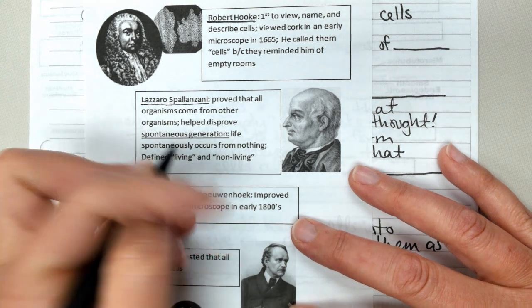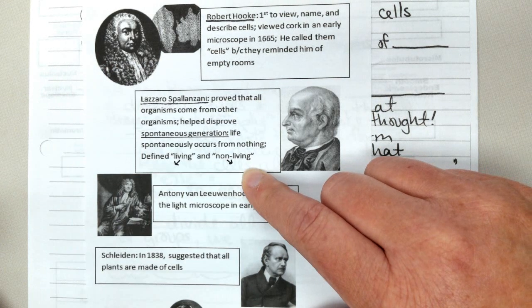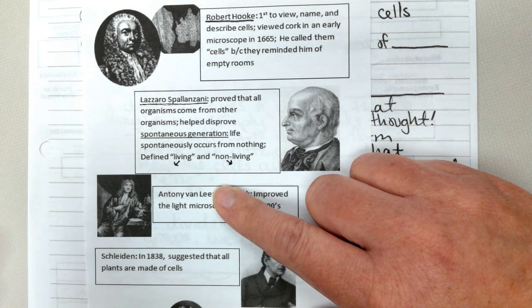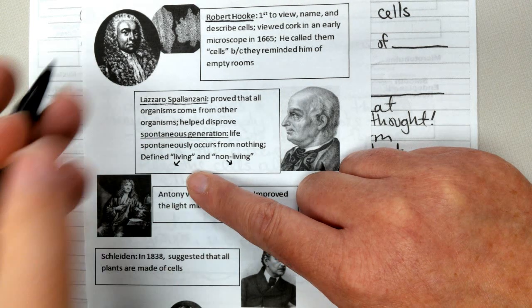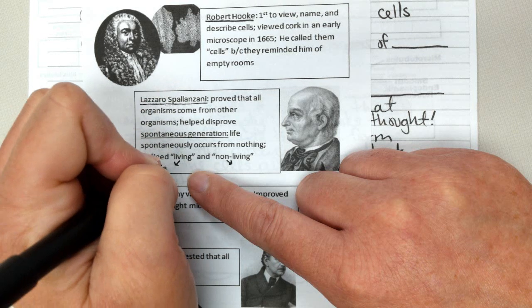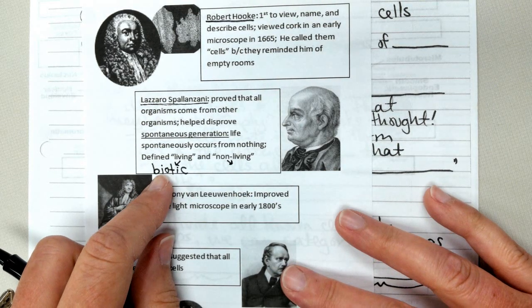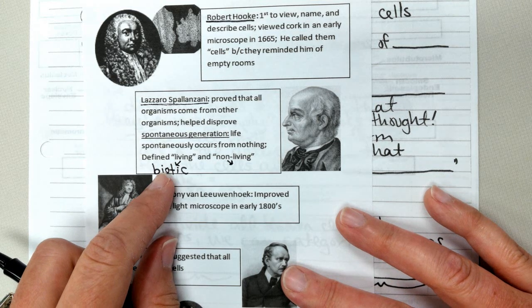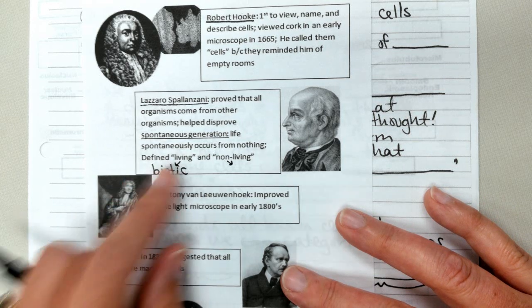So that gave us the defining of living and non-living. And two words that you have to know. If it is or was ever living, it is biotic. Remember, bio means life. So you are biotic. If we are talking about the chicken that you're eating for supper, it is biotic.